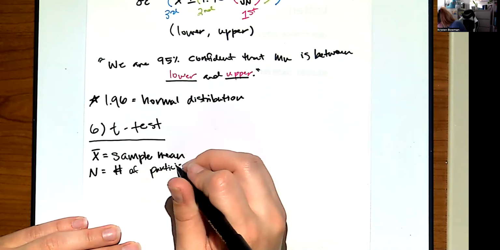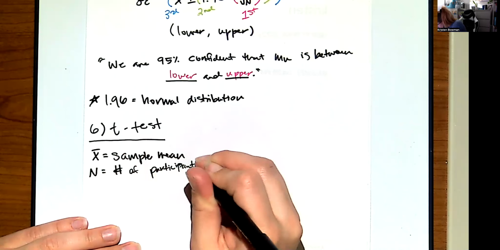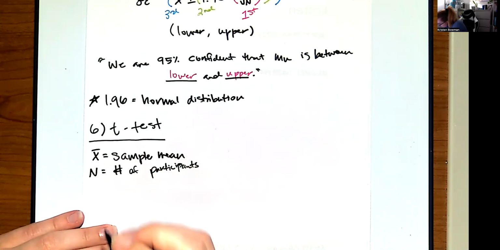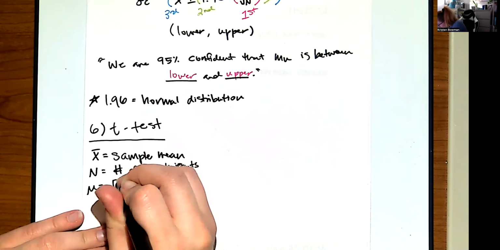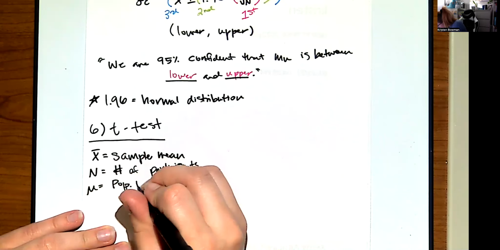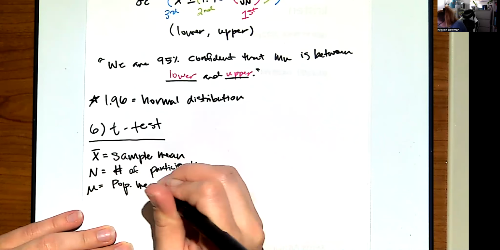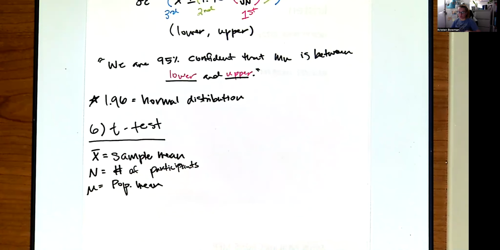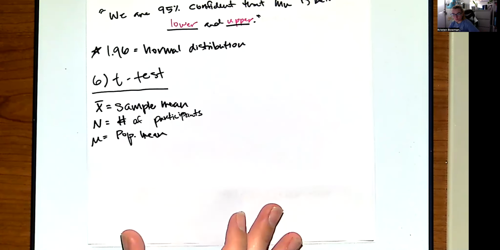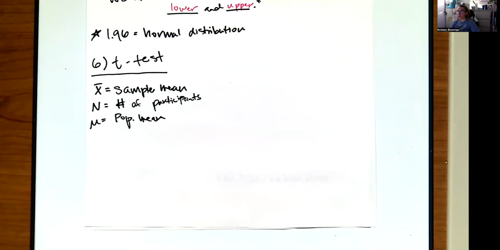And then mu is the population mean. All right, these are the pieces of information. Wow, my handwriting got real bad real quick. Sorry, y'all. Anyways, so now we're going to be talking about what a t-test is.